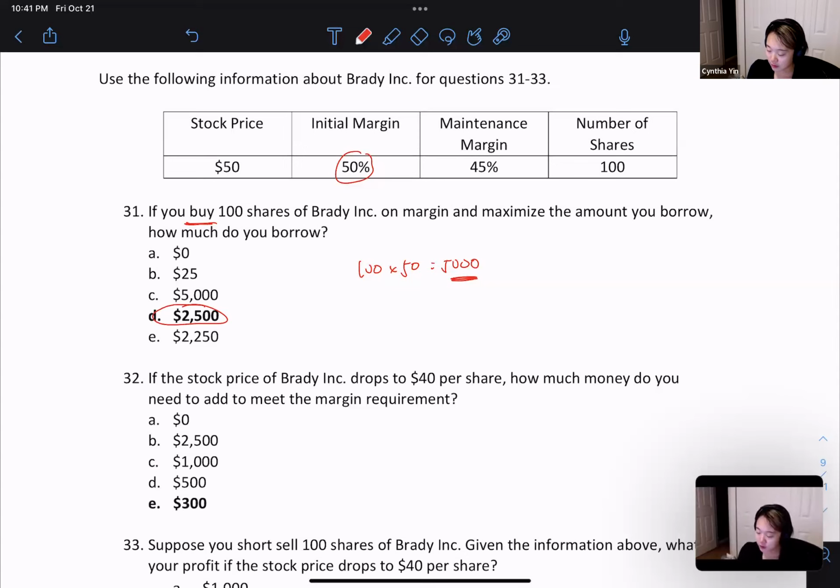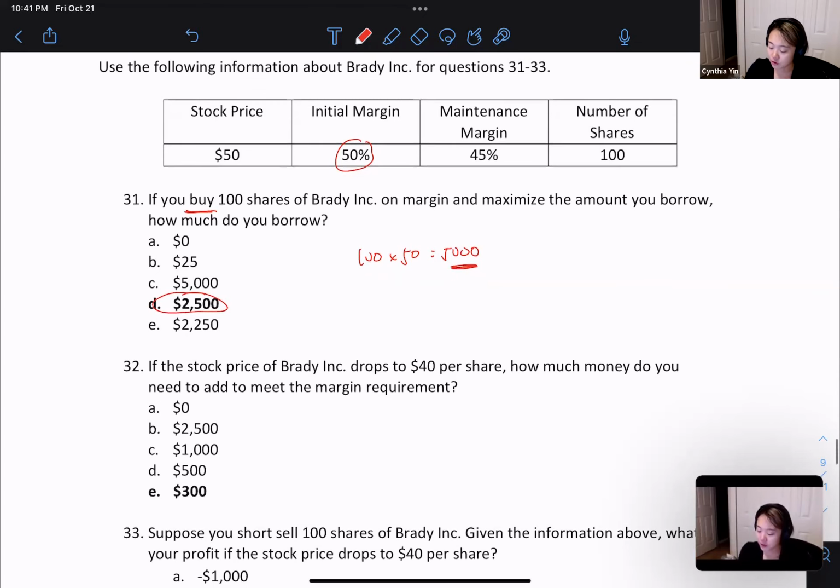So 32 is actually following 31. If the stock price drops to $40 per share, how much do you need? So after you borrow and the stock starts to move around, you look at the maintenance margin.